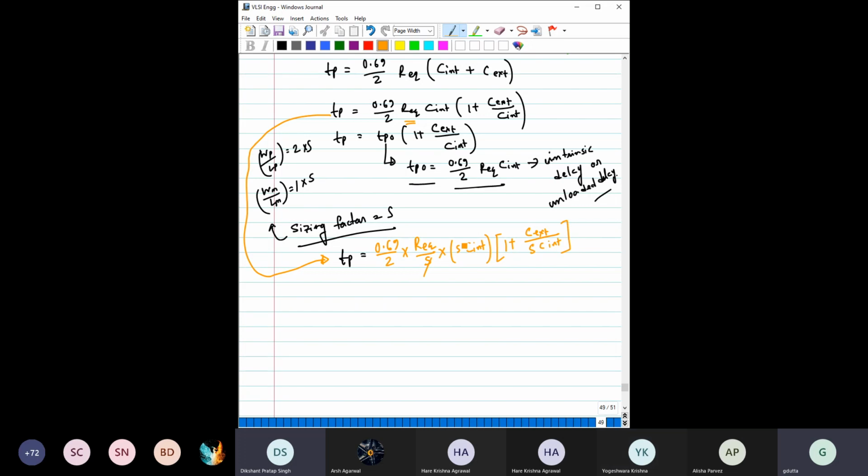Right. So then you can clearly see what we are getting from here is that if we scale this inverter by a factor S, then we are getting 0.69 by 2 R equivalent C int into 1 plus C external by S C internal. So what is this? This is nothing but TP naught, this part, right? So we are writing it as TP equal to TP naught into 1 plus C external by S C internal, right?